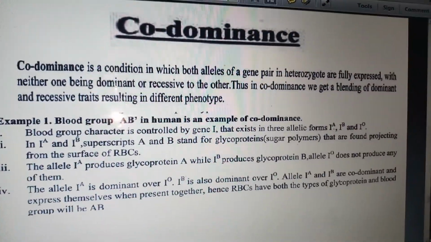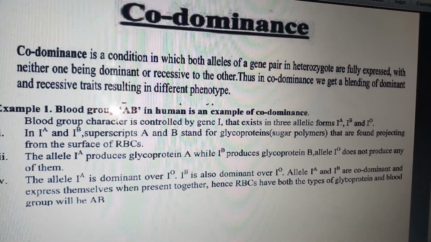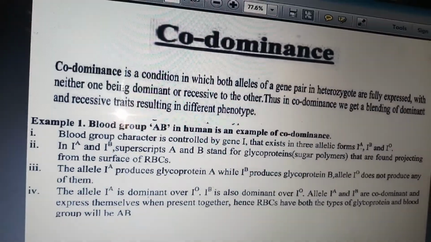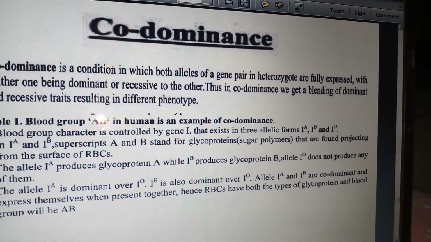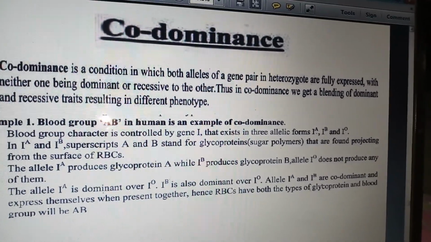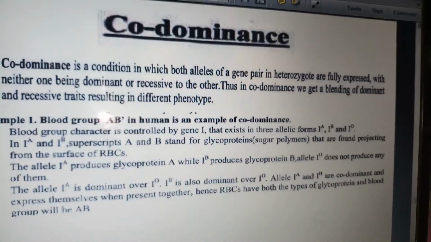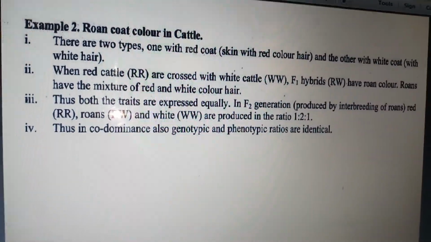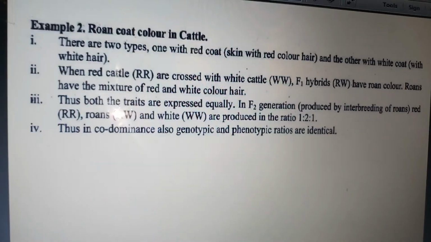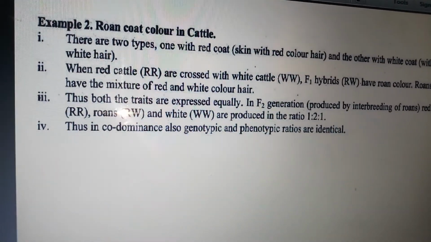So what you have learned is that in humans, blood group AB is an example of codominance in which both alleles of a gene pair in a heterozygote are fully expressed. Now the second example of codominance is roan coat color in cattle.